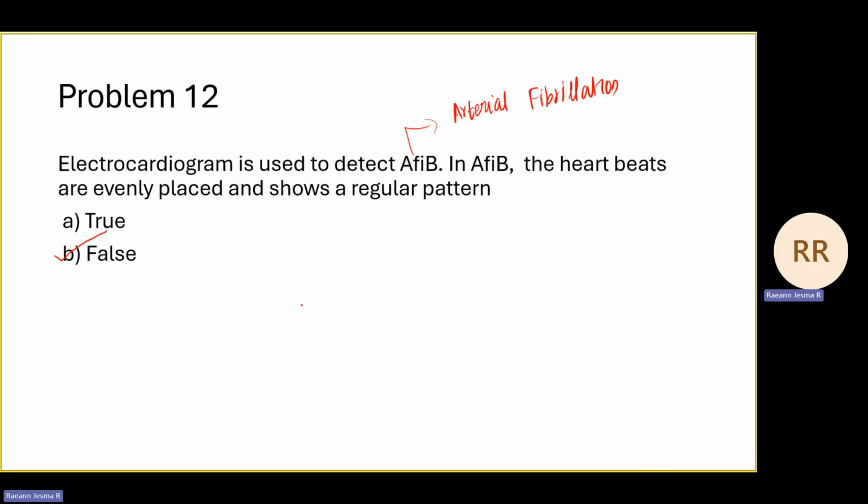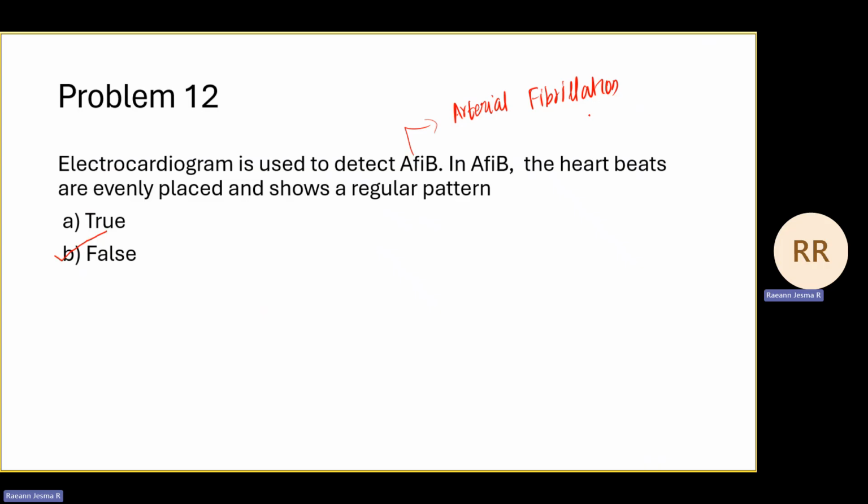First of all, if you compare a normal ECG and an ECG of someone who is having AFib, you can see that the normal heartbeat is spaced at a particular interval. However, if a person is having AFib, then the interval between each heartbeat will be different, and there will also be an irregular pattern present.